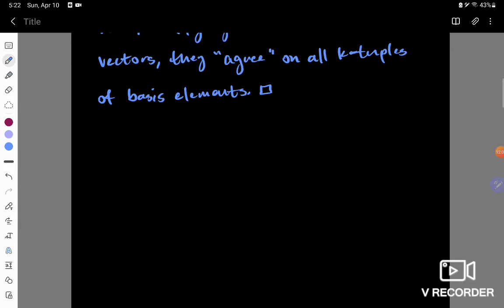And now we will show another result that is analogous to linear transformations and how we specify them based on their values on basis elements from, let's say, a space V to W. We can specify a k-tensor based on its values on arbitrary k-tuples of basis elements.